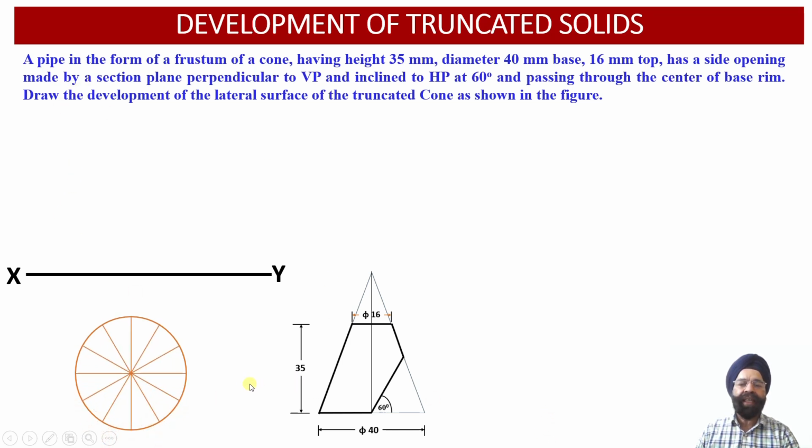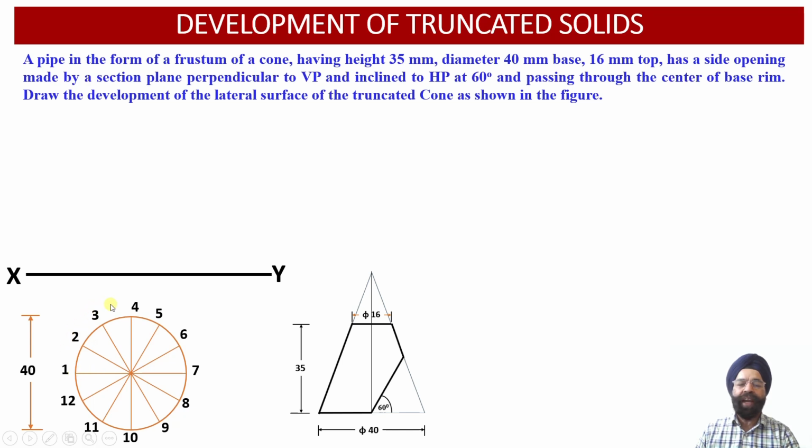So we know that the base of the cone happens to be 40 millimeter diameter. So we have drawn the circular projection with diameter equal to 40 millimeter onto the horizontal plane in the top view projections over here. So now we have divided this circular projection into 12 equal parts so that the included angle for each one of these 12 sectors will be equal to 30 degree.